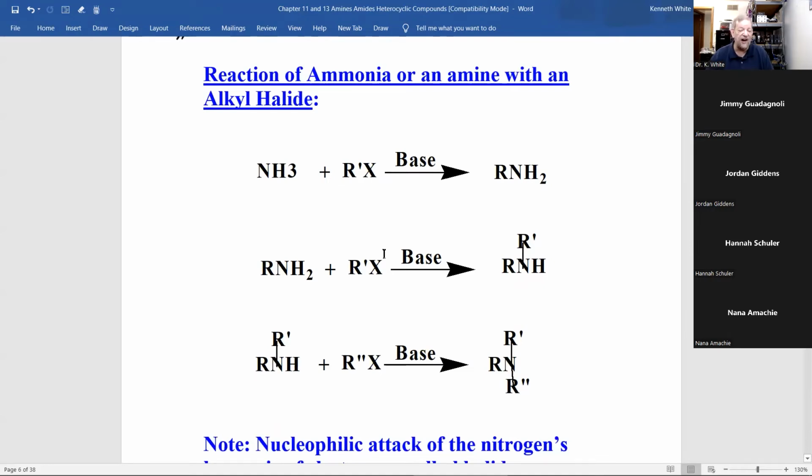How do you make amines? Well, let's look at the following slide. It's a little busy. Let's look at this first reaction. Let me take you to my whiteboard.